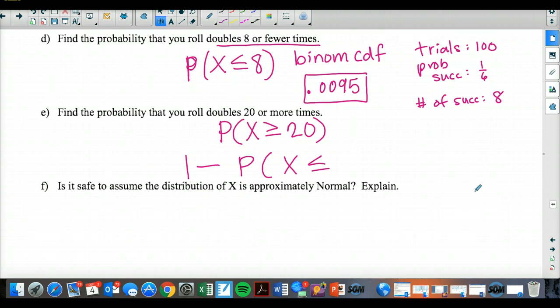Yeah, you're thinking about it wrong. It has to do with this. If you win at 20, 21, 22, 23, I want to subtract out the flip side because I'm doing the complement. So it's less than or equal to 19 that you're subtracting out.